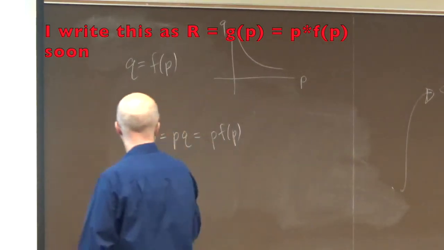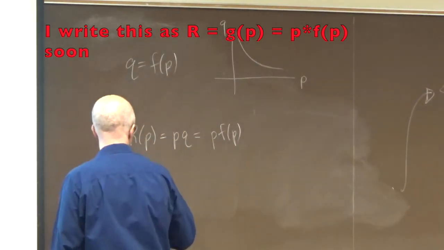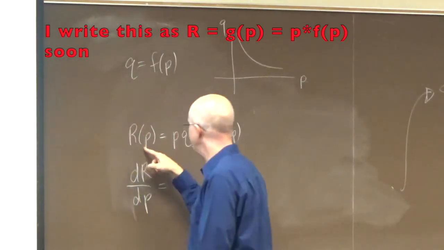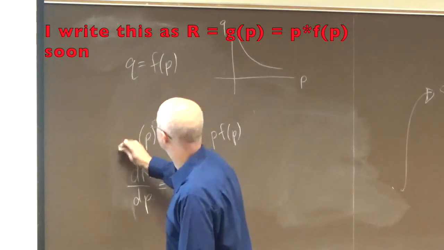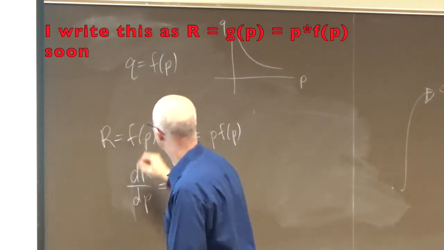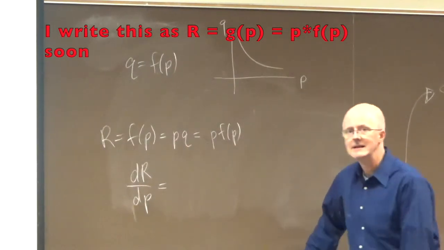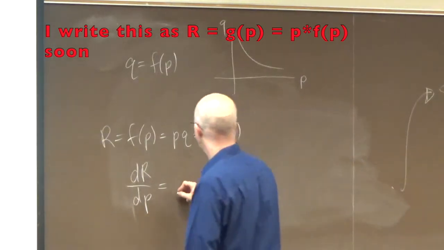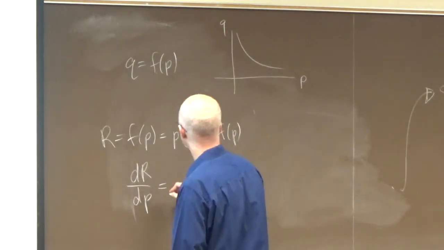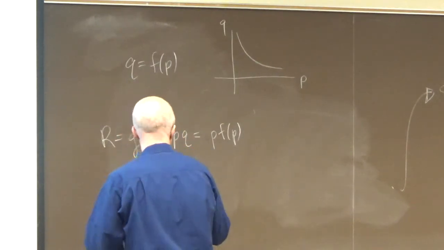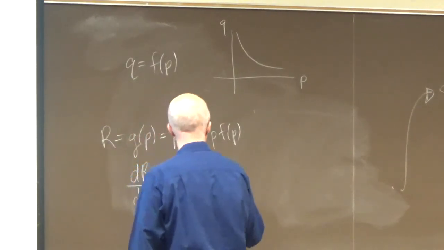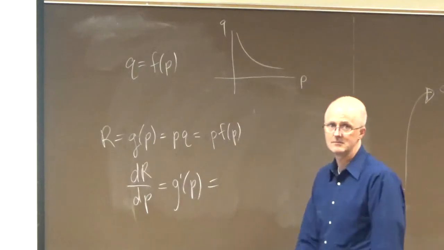So the derivative, dR/dP, although I'm sort of mixing up my function name with my variable here. Let me do it this way. Call it something different, G. G prime of P, I need the product rule.